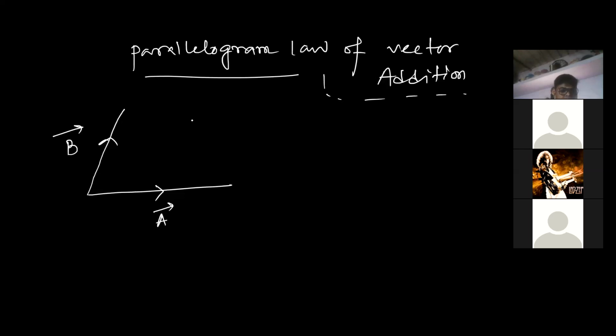So in this parallelogram law of vector addition, we have represented one vector A along one side of the parallelogram and another vector B by the adjoining side. Through the diagonal, we are representing the resultant of the two vector quantities, that the resultant vector R equals A vector plus B vector.